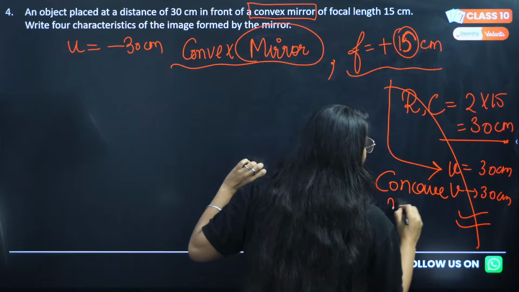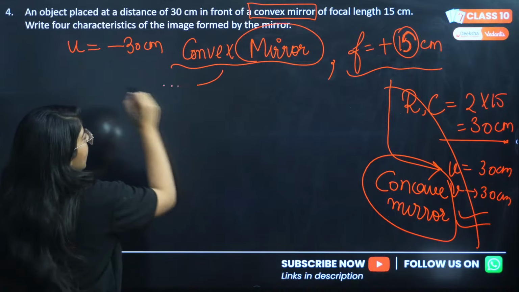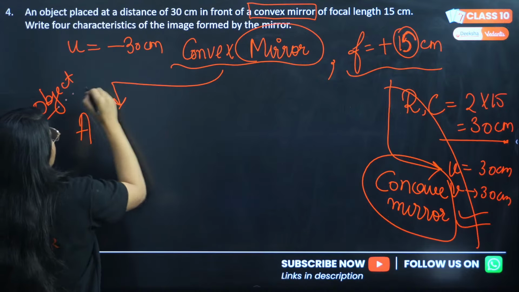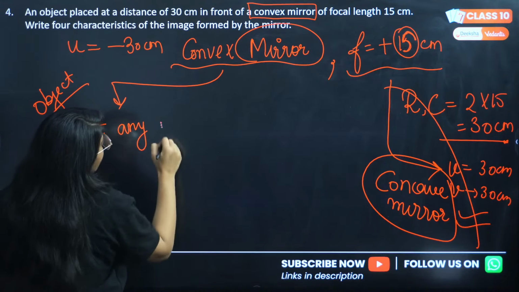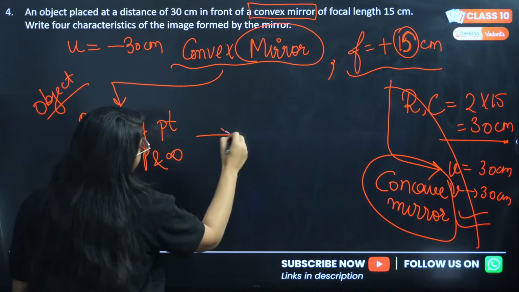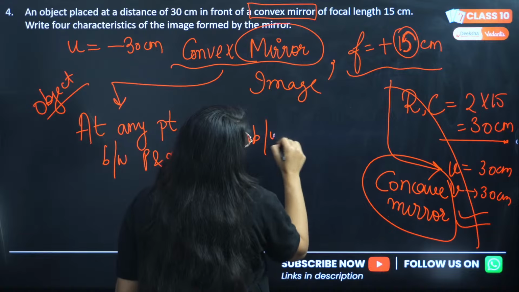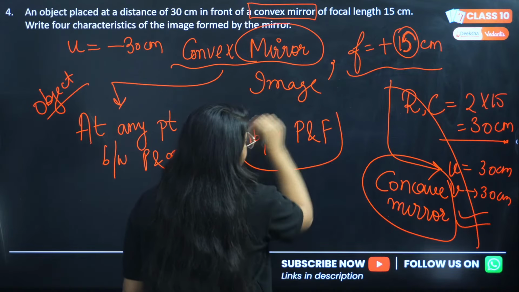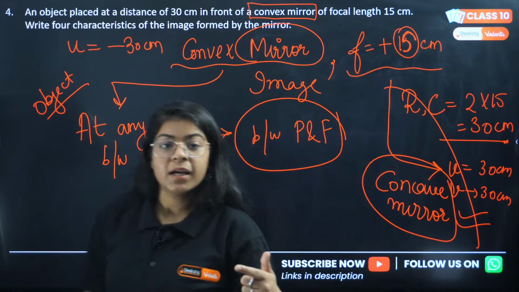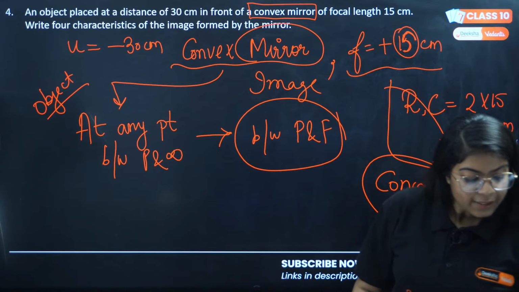Now we are given a convex mirror, and we know that if we place my object at any point between my pole and infinity, my image always forms between pole and focus. If this was a concave mirror, your thinking would be different, but here it's a convex mirror, so your thinking will be different. Correct?